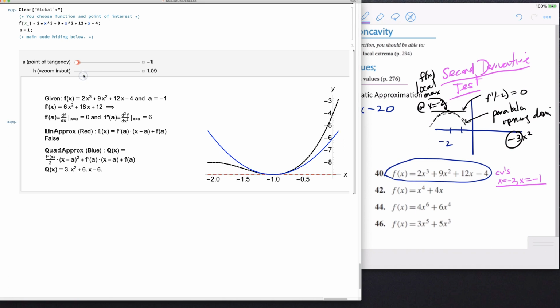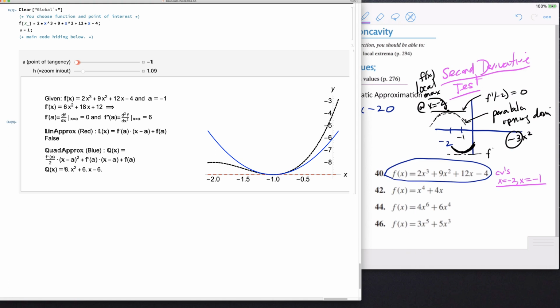And this quadratic approximation at -1, right, the function seems to be opening upward because the quadratic approximation had a positive number in front of the 3x squared, right?